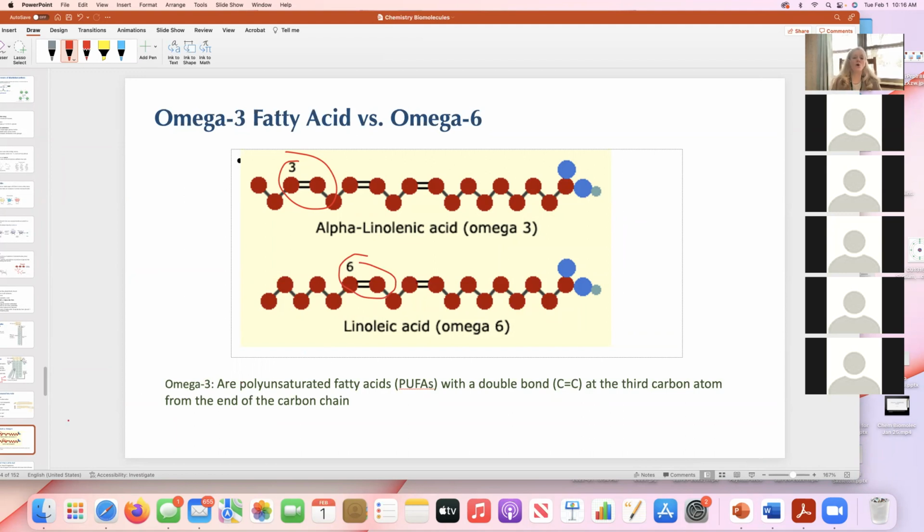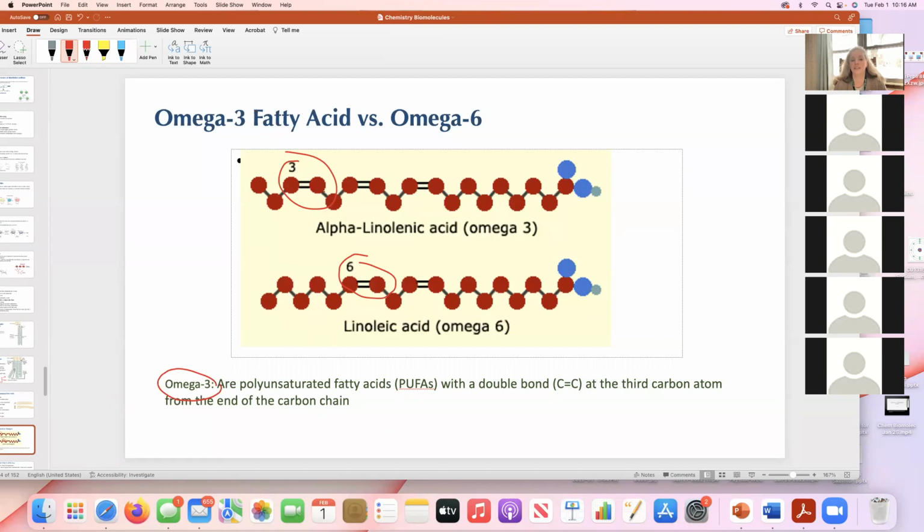And it's really these omega-3s that we care about. And when you care about the ratio of omega-3 to omega-6 fatty acids that you're consuming in your diet, if you're somebody who's really highly interested in monitoring your nutrition, the omega-3s are PUFAs, polyunsaturated fatty acids.